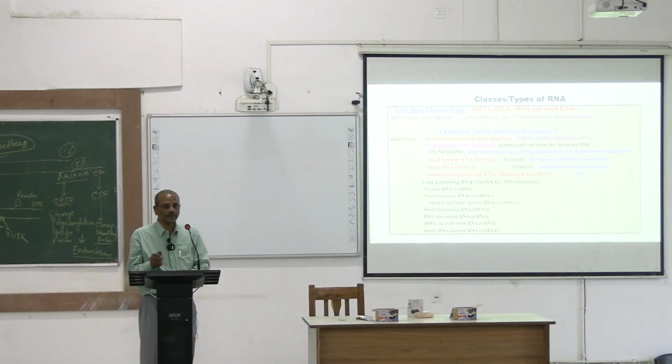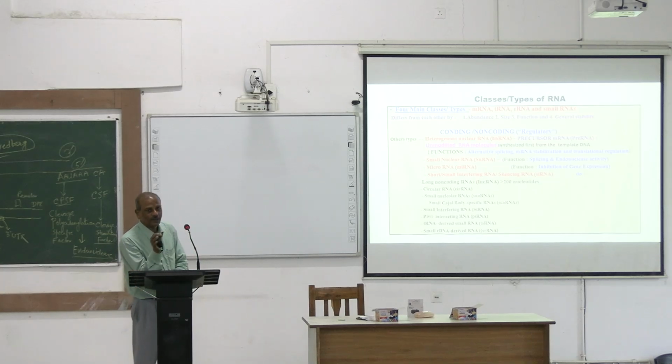Okay. So three main classes are there: mRNA, tRNA, rRNA, plus along with that small RNAs are there. There are a number of RNA molecules: small nuclear RNA, microRNA, snRNA, long non-coding RNA. I am not going into the detail.